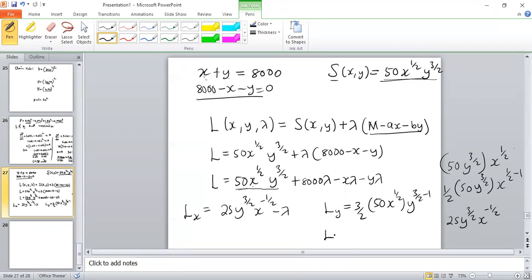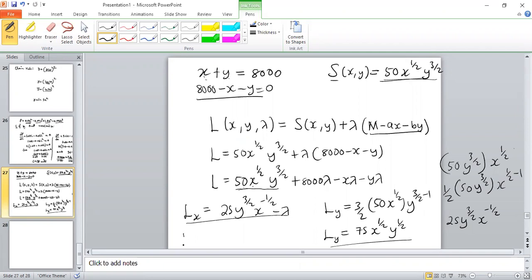Then 3 over 2 times 50 will be 75. So 75 x to the power half, y to the power half, minus lambda. So we have the differentiation of this and the differentiation of that.